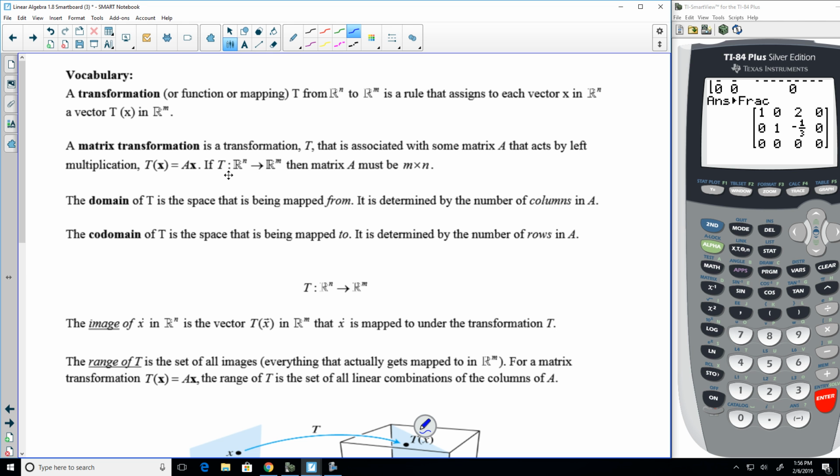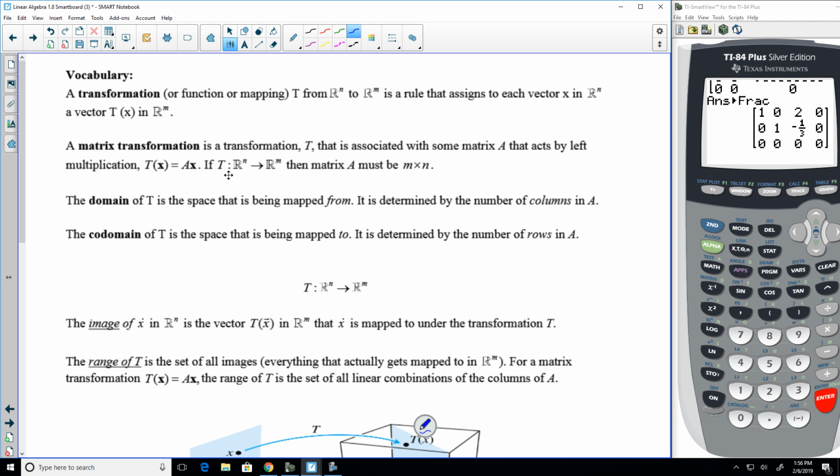The x that gets inputted is going to be a vector, and the T of x that gets outputted is going to be a vector. They might be different sizes. They could be the same size. So x that we plug in is a vector in Rn in this example. The T of x that comes out is also a vector. It's in Rm, whatever size the codomain is.